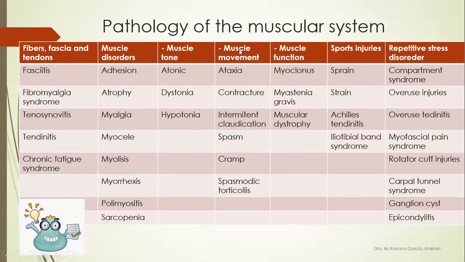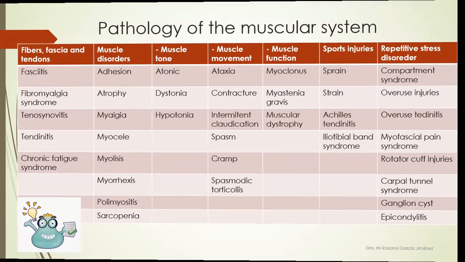Muscle tone, muscle movement, muscle function, sports injuries, lots of them, the most important that I found, repetitive stress disorders. So take into account, read how they are expressed, and check how they are written, and then we can talk about it.